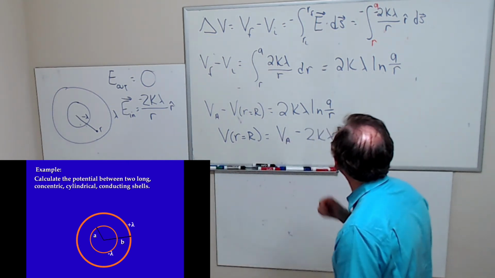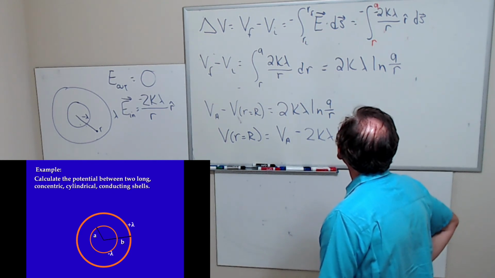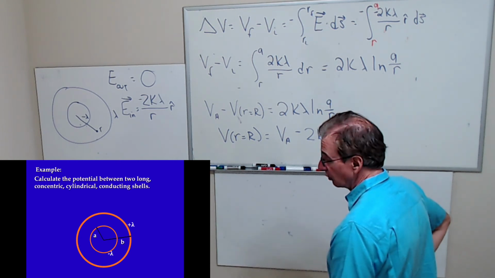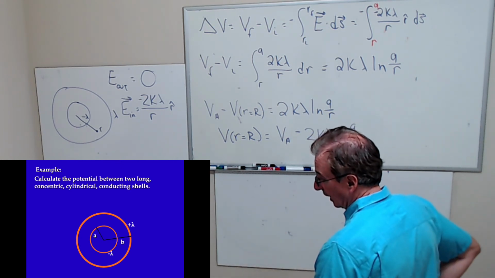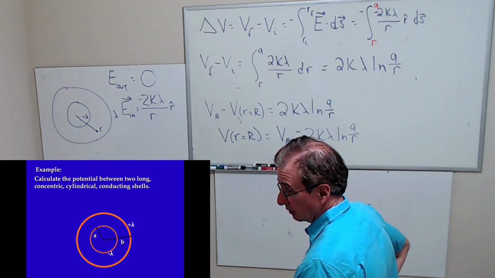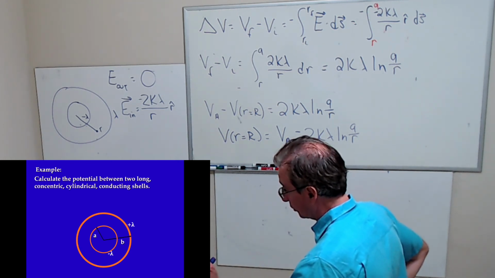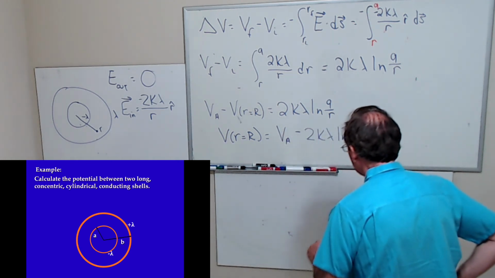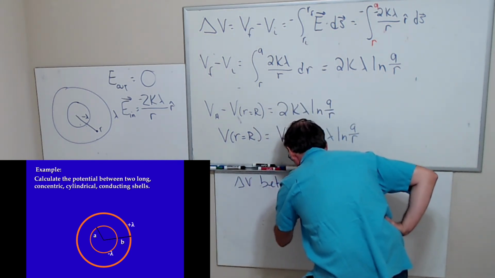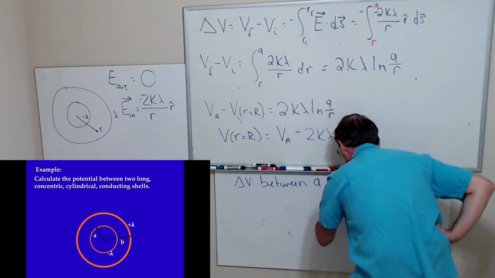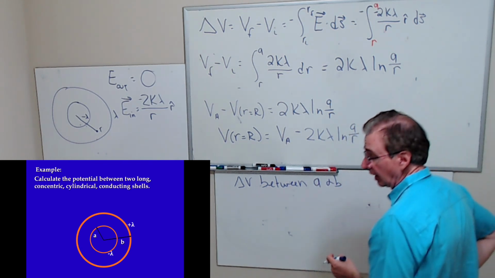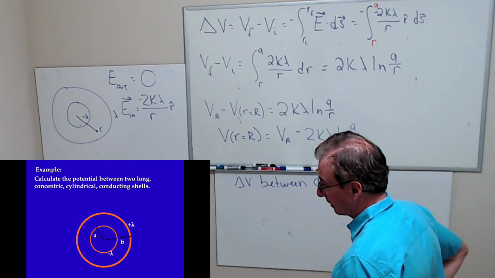It really doesn't matter. Why am I integrating from R to A? I know the potential at A, right? I define the potential at A to be V sub A. If I want to find the potential between the two, if I want to find delta V between A and B, which I'll do next, then I integrate from A to B or B to A. It shouldn't really make a difference.